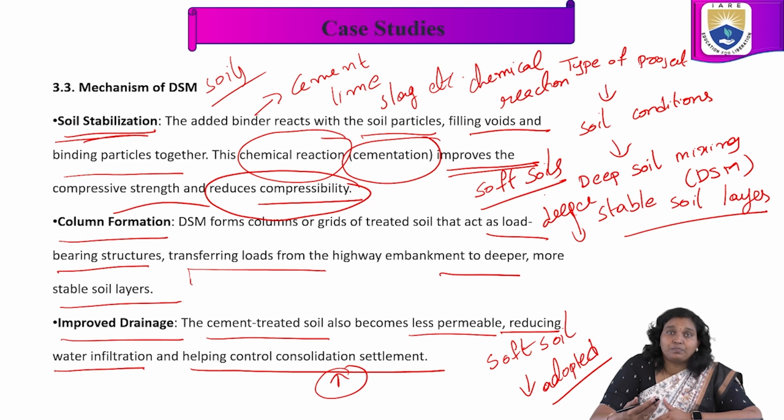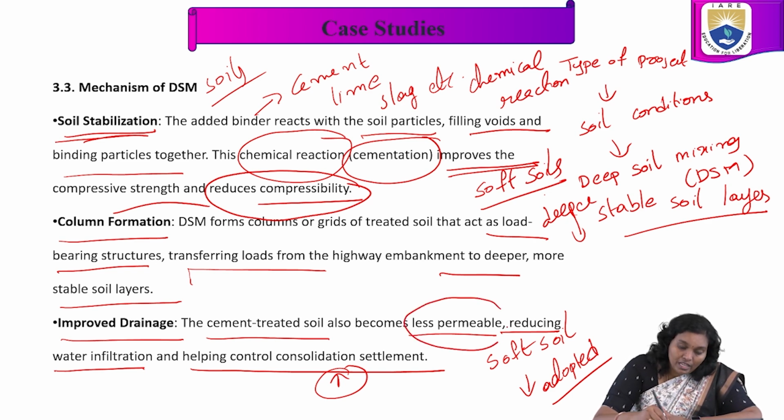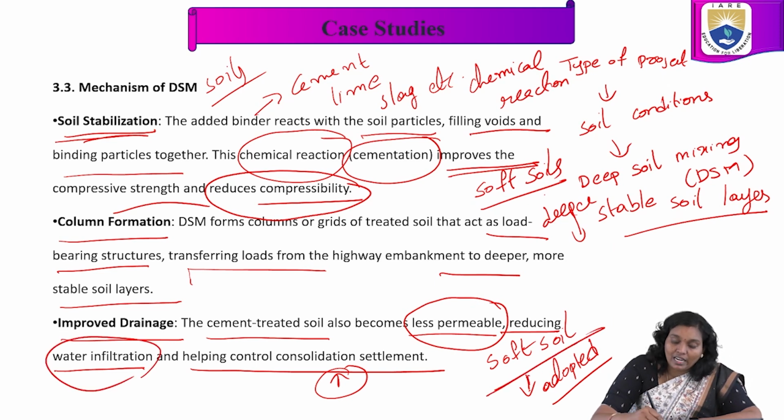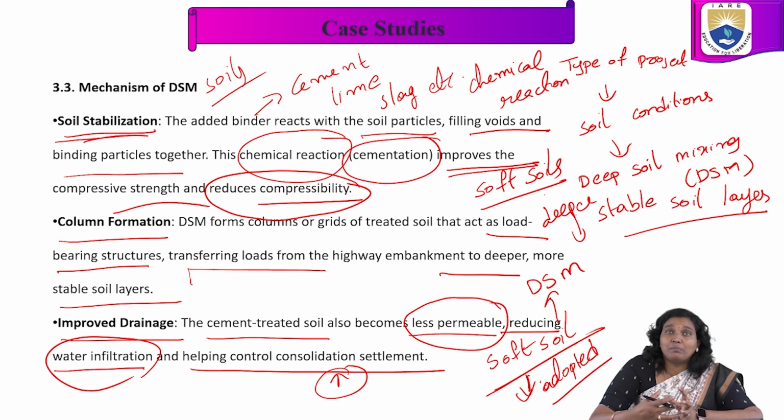Whenever the soft soil has absorbed water, once we do the DSM, the deep soil mixing process, and it is mixed with the cement and other materials, the mixing makes the soil less absorbent. That means it reduces water infiltration and helps control consolidation settlement.